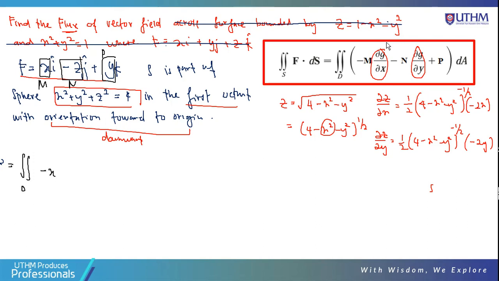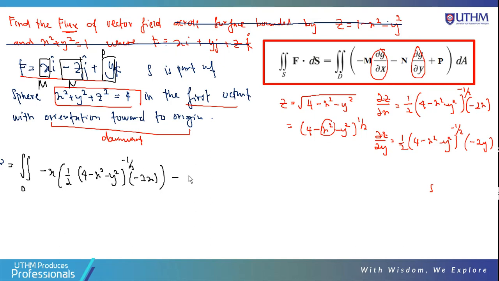Okay, here you have settled. So you just put it in, multiply with 1/2, 4 minus x square minus y square, negative 1/2, negative 2x. Okay, settle.